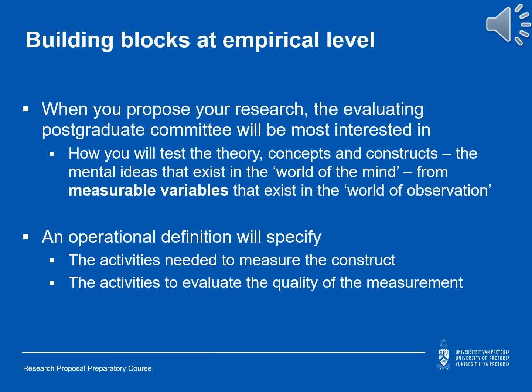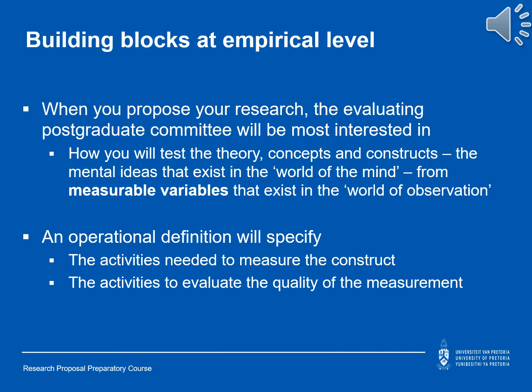For a postgraduate committee to establish whether your research project is feasible, not only in terms of whether it can be accomplished, but also whether it can be accomplished in a reasonable time, you will have to elaborate on how all aspects of the constructs will be measured or observed. These measurable indicators are called variables.